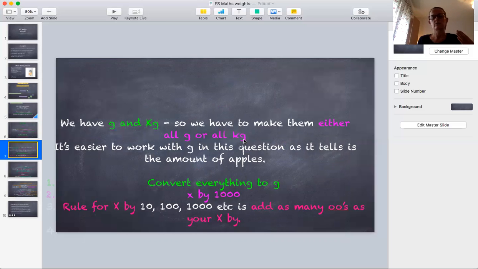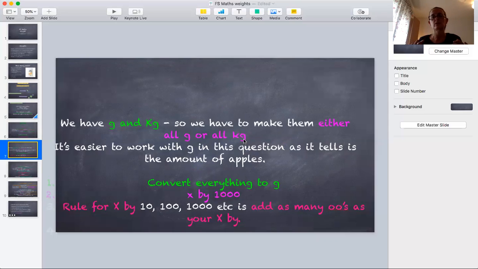Now, just before I go on to this next bit, I want to say you're going to be asked to do this sometimes. It can be a little bit tricky, but the advice is don't make them decimals if you haven't got a calculator, because it's going to be hard. You make them into the easiest number to deal with.